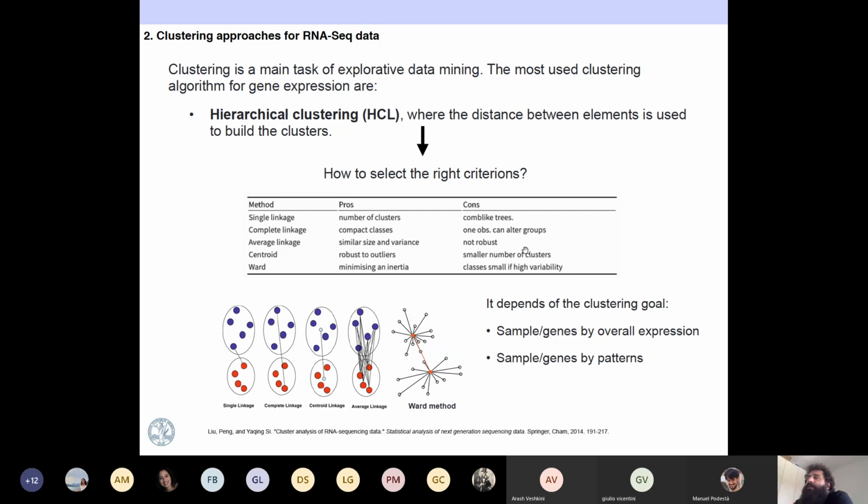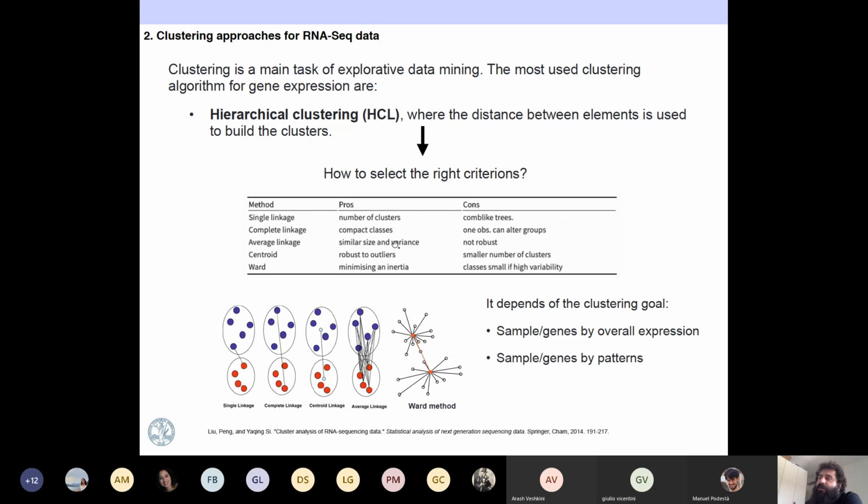So how do you need to select the right criterion? It depends, no? Because for example, when we are looking at these agglomeration methods, some of them have some advantages compared with other ones. So for example, single linkage has the advantage of the number of clusters that you get, but then you have these chaining effects that may cause problems. Complete linkage has compact classes, but one observation can alter the groups, so that is another problem.